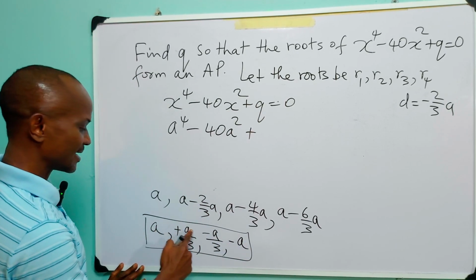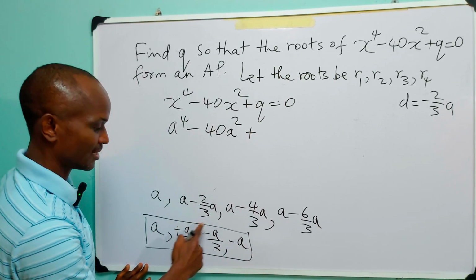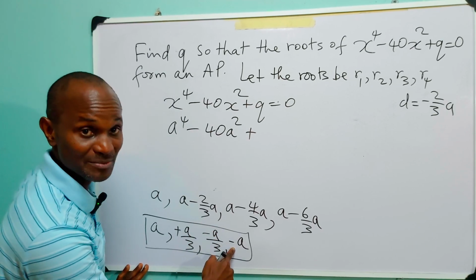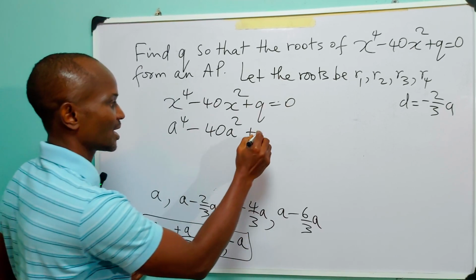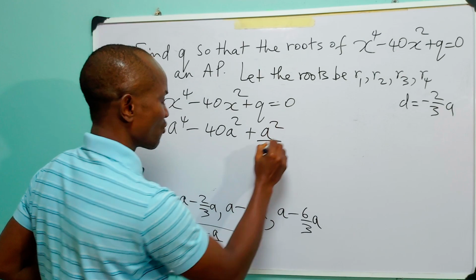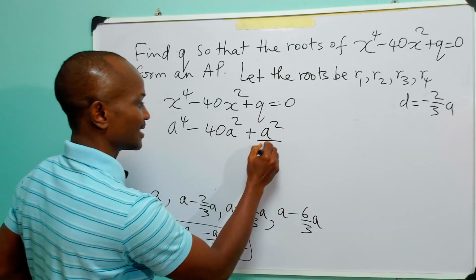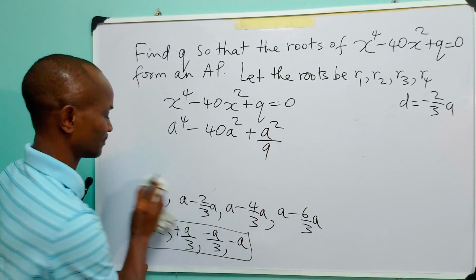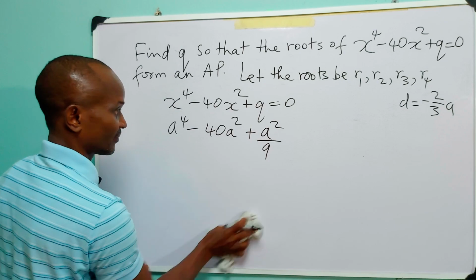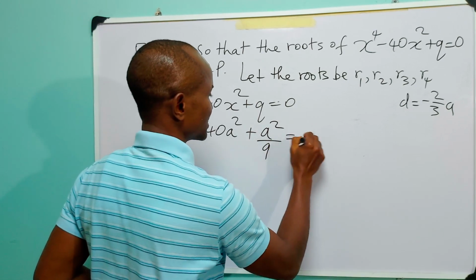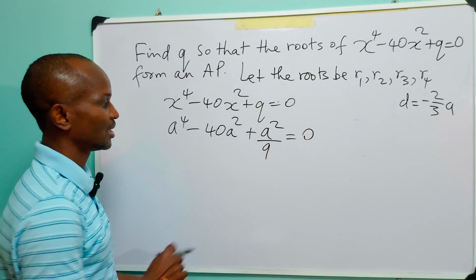So we simply multiply everything here. So we have a times a, that is a squared. And here we have minus a times minus a, that is another a squared. So we have a squared over 3 times 3 is 9. And of course, this is equal to 0.